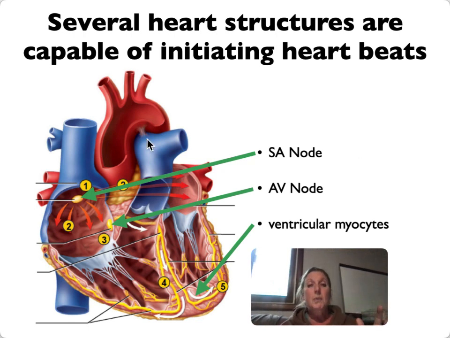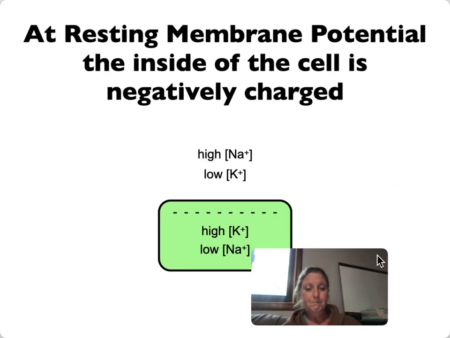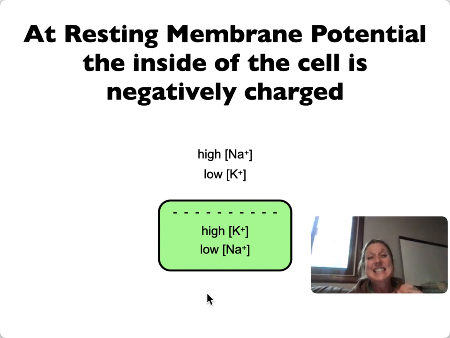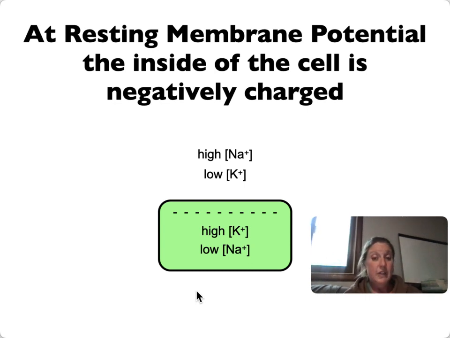All right, so before we talk about how that whole system works, let's take a look at the cells of the SA node and how they do their thing, keeping in mind that the same thing's happening here, just much more slowly. All right. Now, the resting membrane potential, which you learned about in the previous semester of this course, is the membrane potential that is developed by the sodium pump or the sodium potassium ATPase and potassium channels, and it's essential in electrically excitable cells.